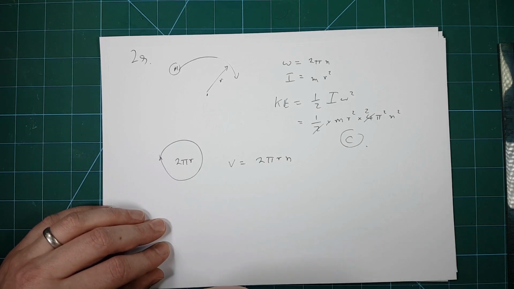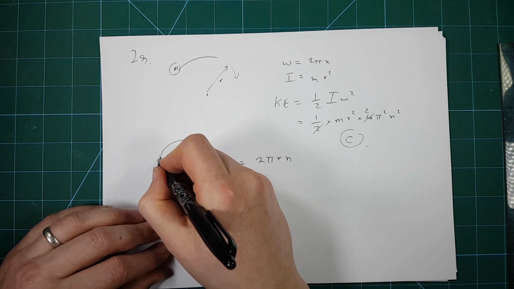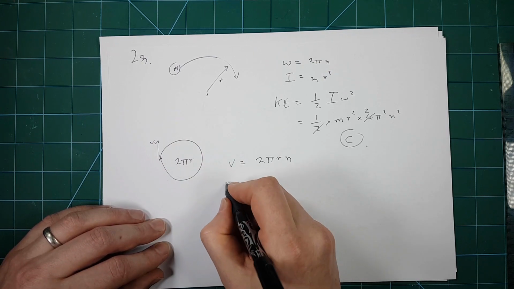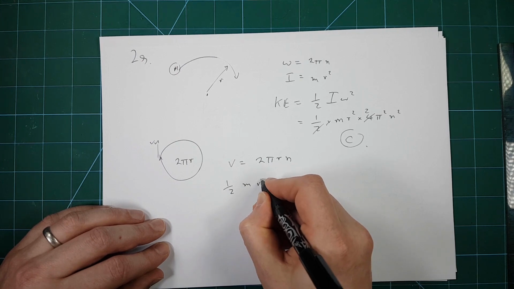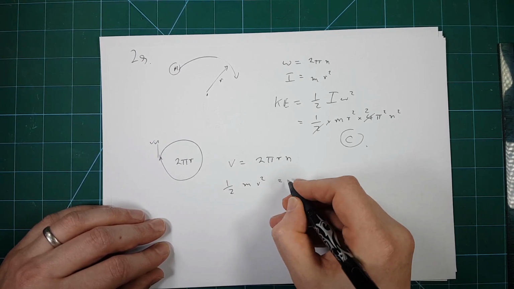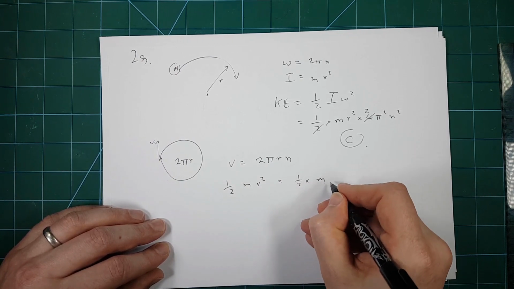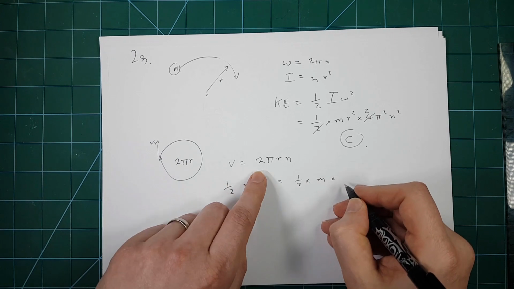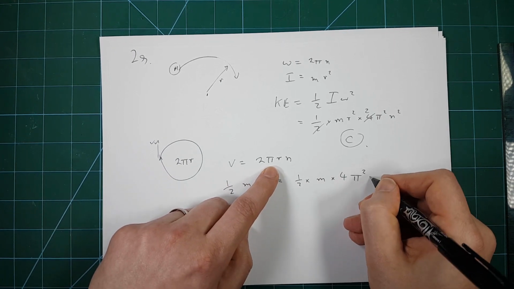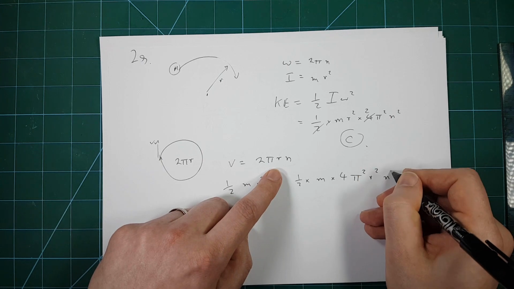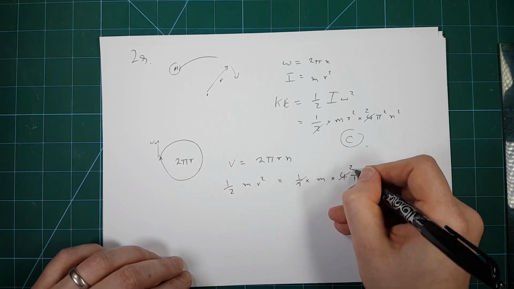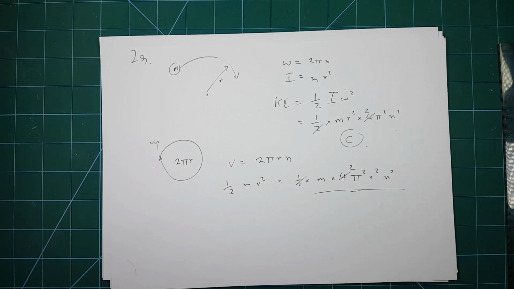So that's the linear speed of it, and then you can go a half mv squared, which is equal to a half times by m times by all of this squared, so that's 4 pi squared r squared n squared, and that cancels with that to make a 2, and lo and behold you get the exact same answer.